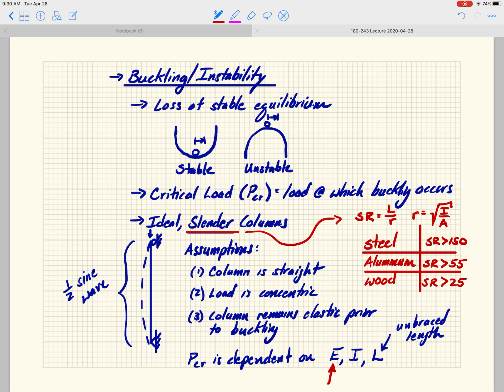Because they all have different E's, right? Steel is the stiffest material, so I can deal with the highest slenderness ratio. Aluminum, not as stiff, not as strong, have to deal with lower slenderness ratios, and the same with wood, right? Okay.